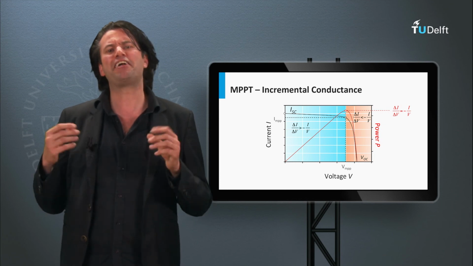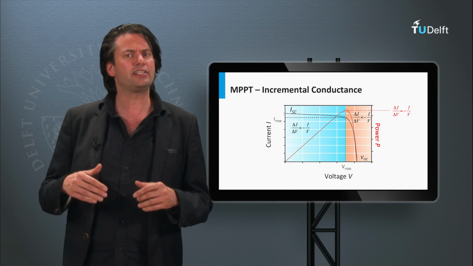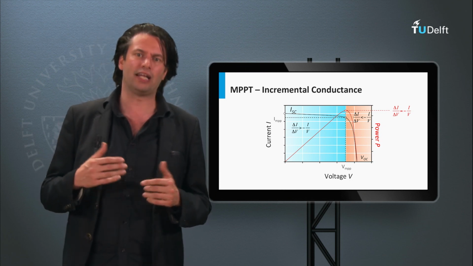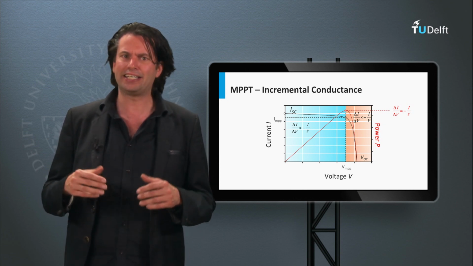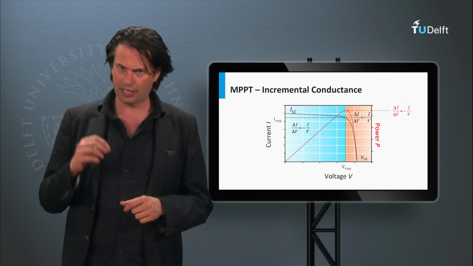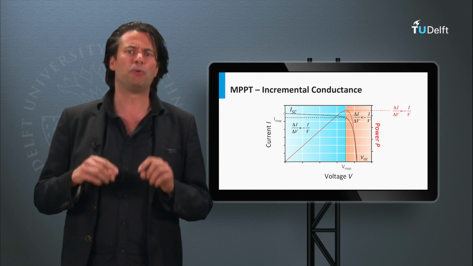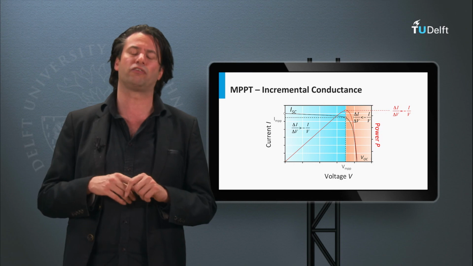However, under very highly varying conditions and partial shading, the incremental conductance method might also be rendered less efficient. The main drawback of this algorithm is the complexity of its hardware implementation. It needs to not only measure the currents and voltages, but also calculate instantaneous and incremental conductance values.